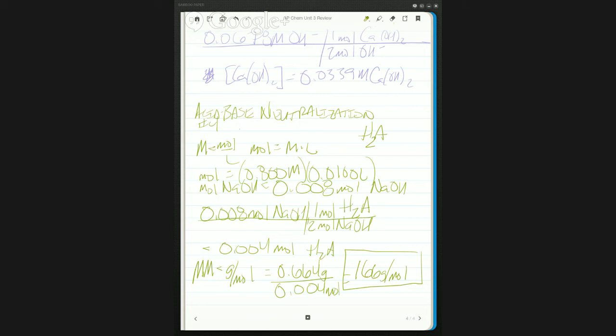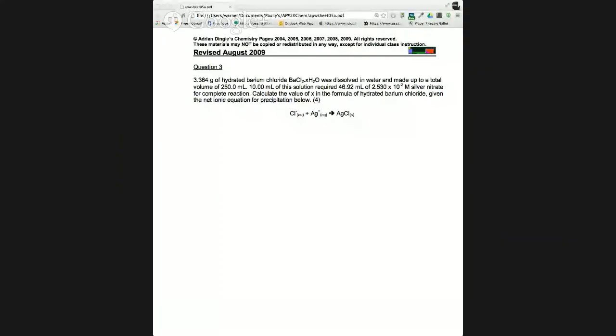So everybody can see what we're looking at, this is the one where you have the hydrated barium chloride, and you dissolve it in water to make 250 milliliters.